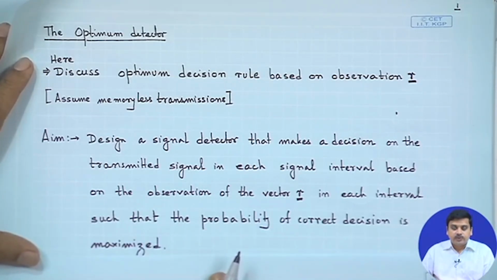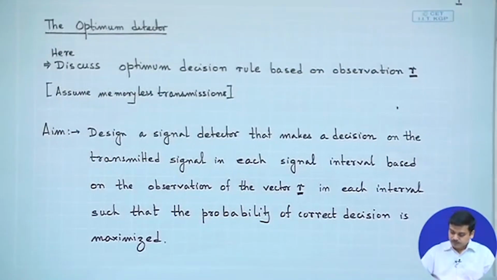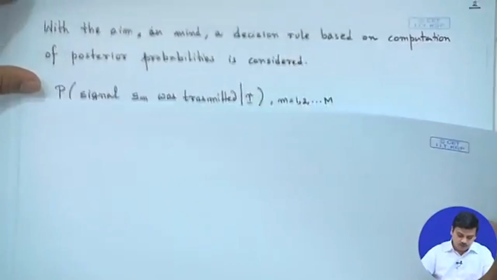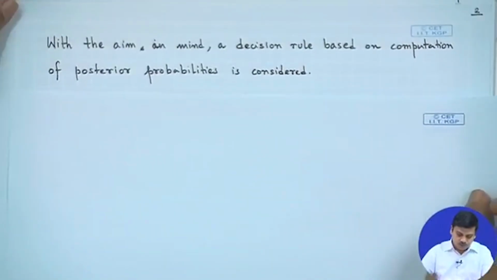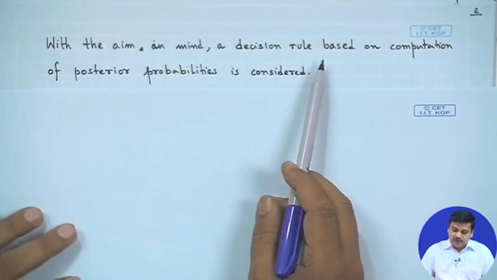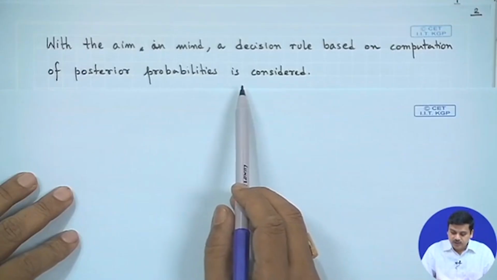And we explained qualitatively why we call it the decision process, because we are choosing one of the possible outcomes, one of the possible waveforms. So with this we move on, and we have the aim as stated that we have to create a decision rule, and this is based on the computation of the posterior probabilities.